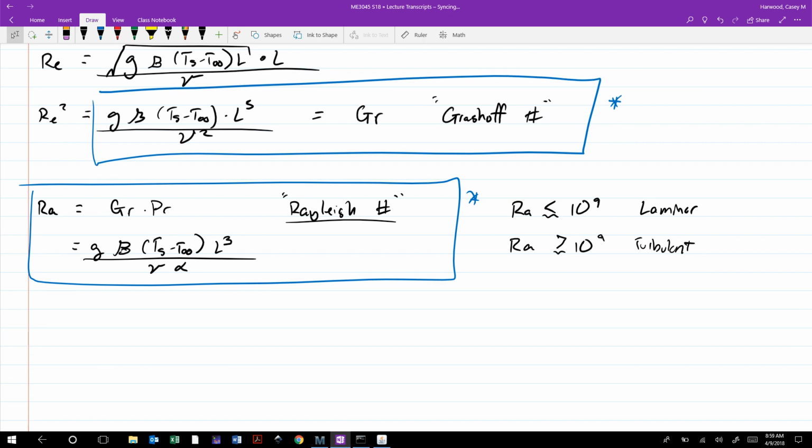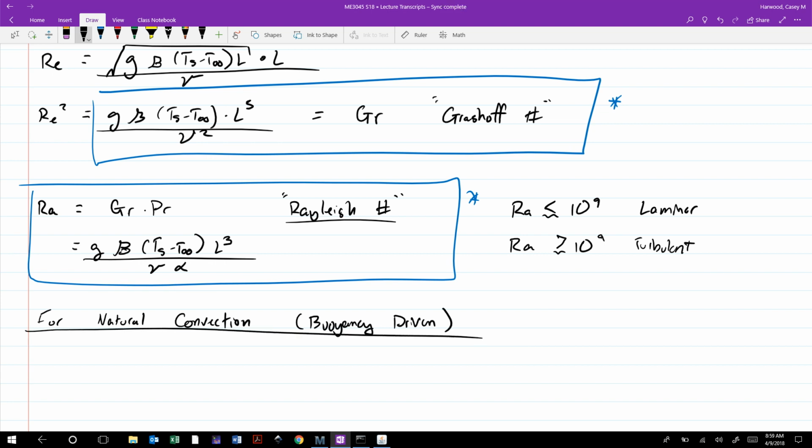Okay. So the idea here is for natural convection, where we have these buoyancy-driven flows, we're going to be seeking, as always, h, that convective heat transfer coefficient, which is non-dimensionalized as the Nusselt number based on length.